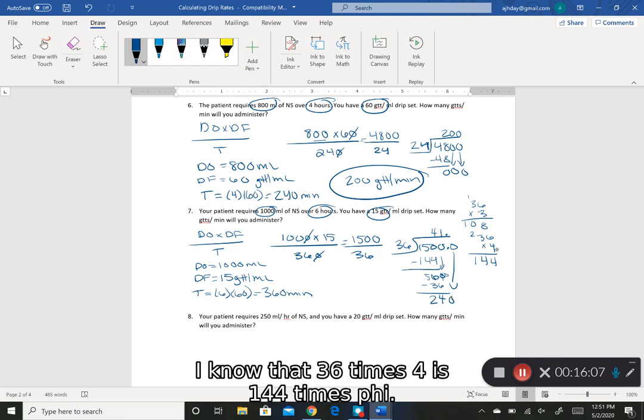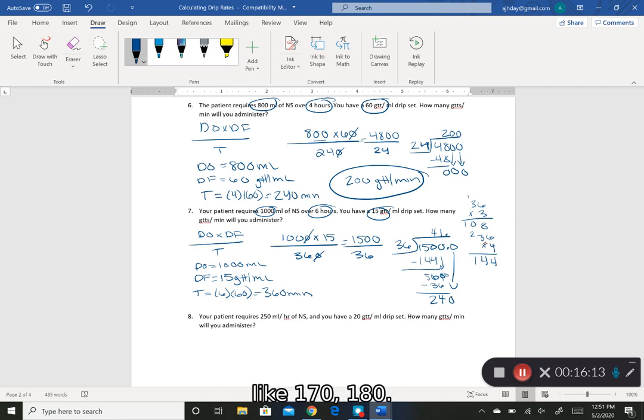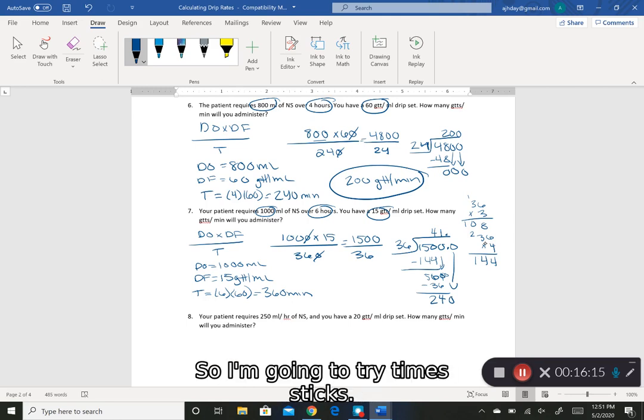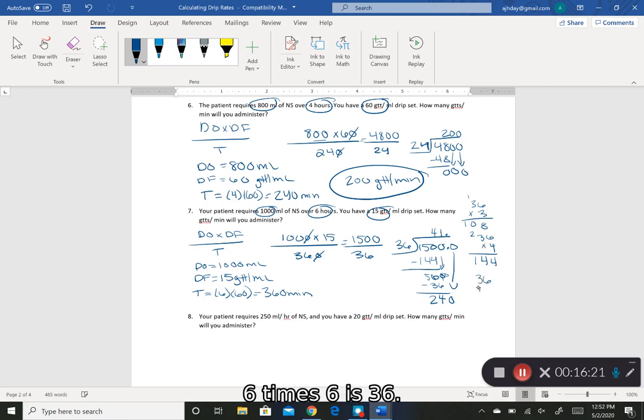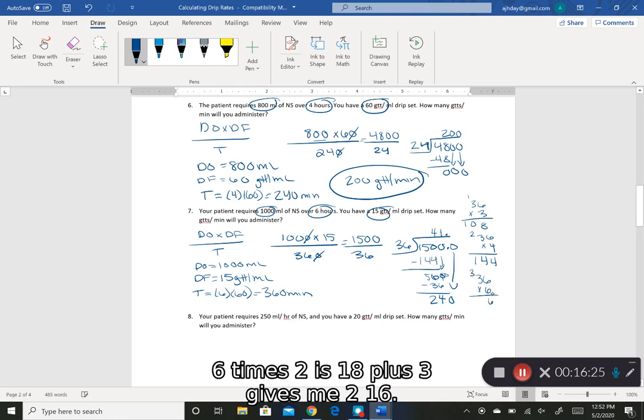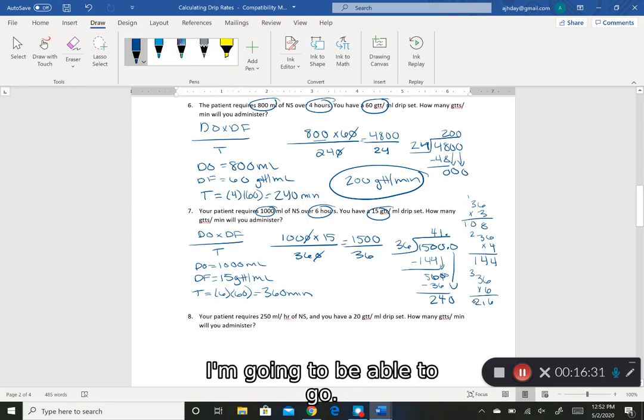I know that 36 times 4 is 144. Times 5 is only going to be around like 170, 180. So I'm going to try times 6. 6 times 6 is 36. 6 times 3 is 18. Plus 3 gives me 216, and that's definitely as high as I'm going to be able to go.